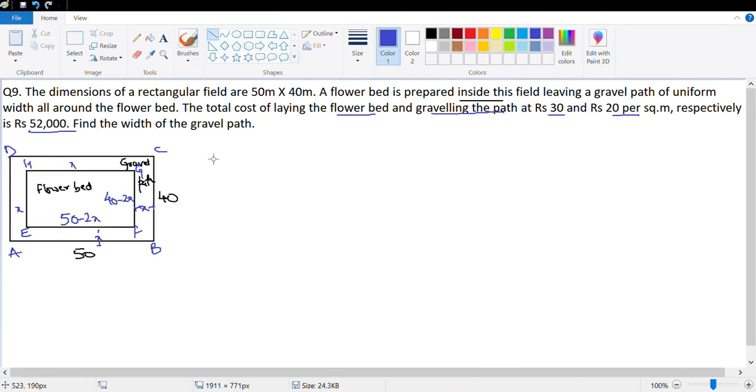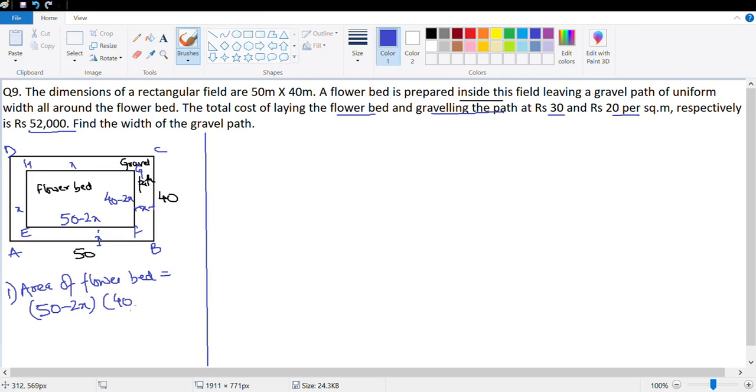We will need to first calculate the area, multiply it with per unit cost. That will give us the cost of making the flower bed. Similarly, we'll have to find the cost of making the gravel path. So first, area of flower bed would be equal to 50 minus 2x multiplied with 40 minus 2x.